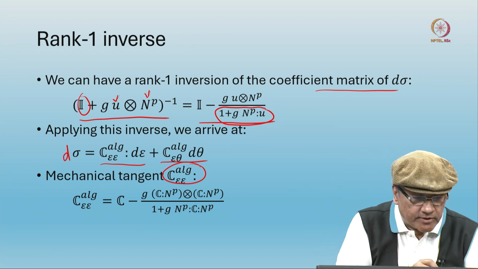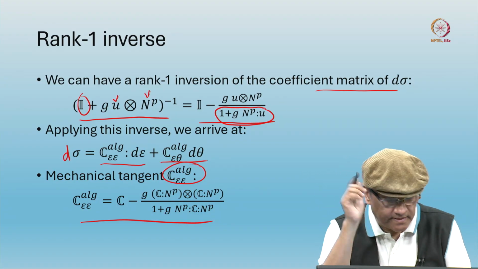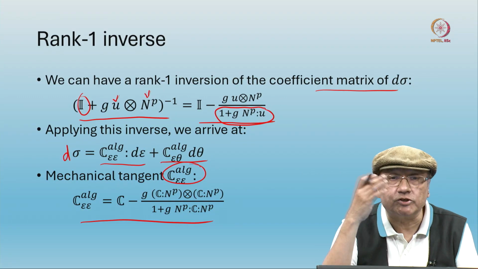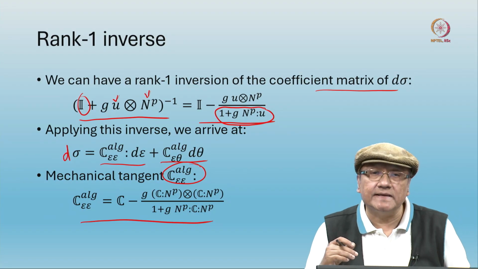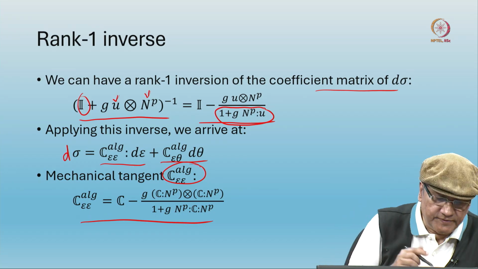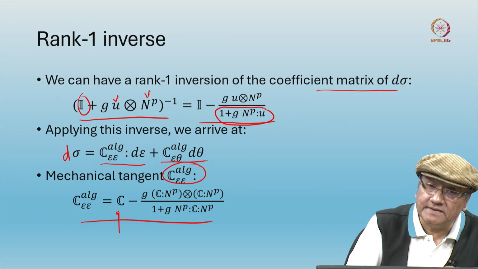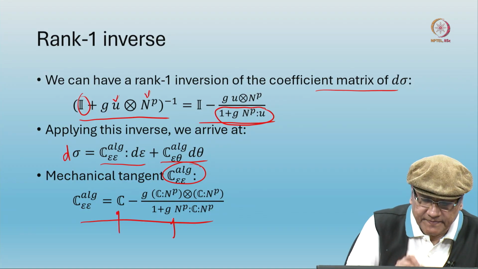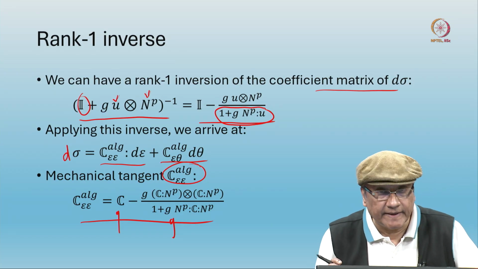Okay. So, that turns out to be equal to this elasticity tensor minus this fourth order tensor correction. Okay. So, basically this is the correction to the elasticity tensor that we get in the form of this C epsilon epsilon, right. It starts with the elasticity tensor and then there is a correction here.